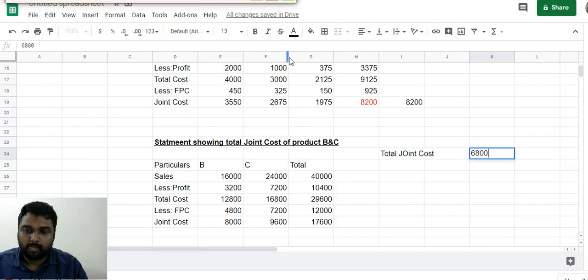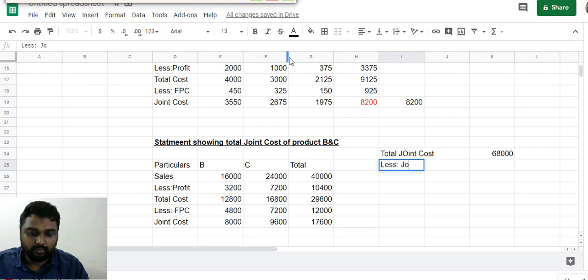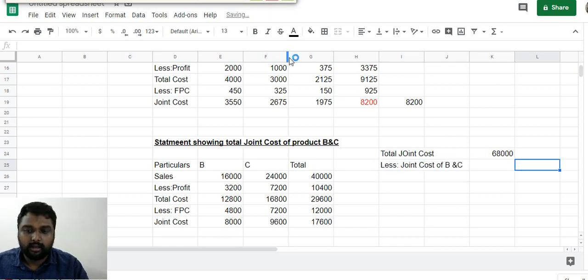So less joint cost of B and C. What is the joint cost of B and C? Joint cost of B and C is 17,000.